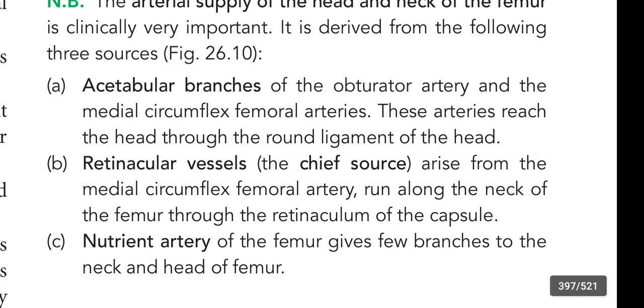Acetabular branches of the obturator artery and medial circumflex femoral artery reach the head through the round ligament of the head. Retinacular vessels, the chief source, arise from the medial circumflex femoral artery and run along the neck of the femur through the retinaculum of the capsule. The nutrient artery of the femur gives a few branches to the neck and head of the femur.